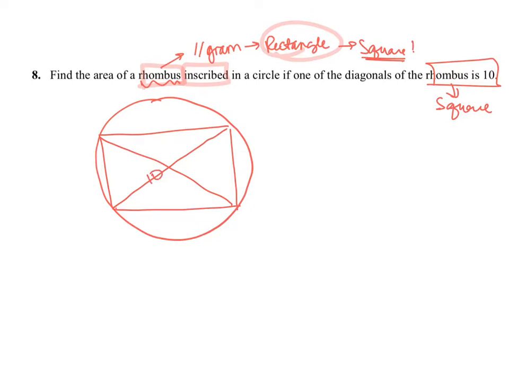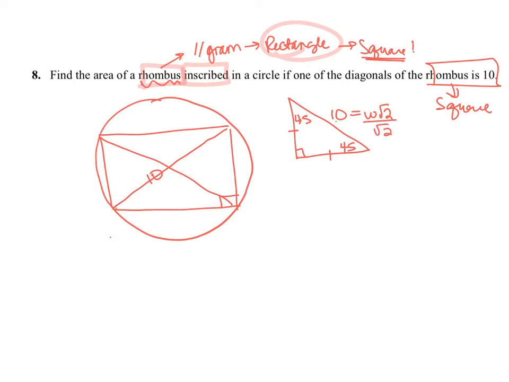So if one diagonal is 10, that's the side across from 90. And in a square, when you draw that diagonal, you create a 45-45-90 triangle because the square has congruent sides. So if we know that the side across from 90 is 10, we can set that to w root 2.